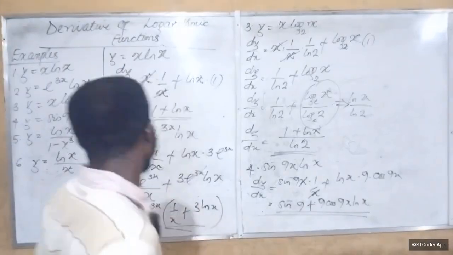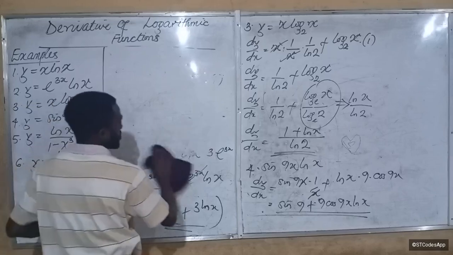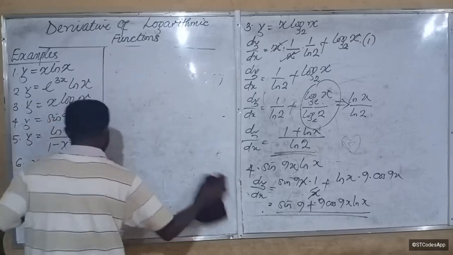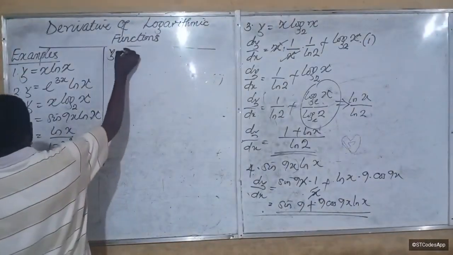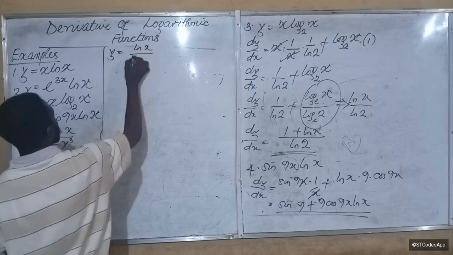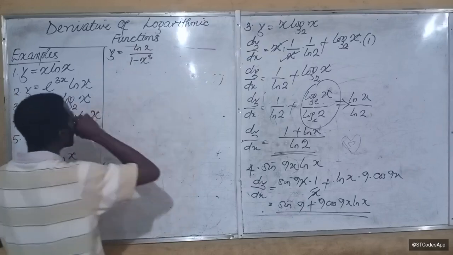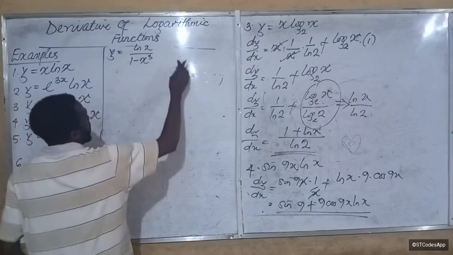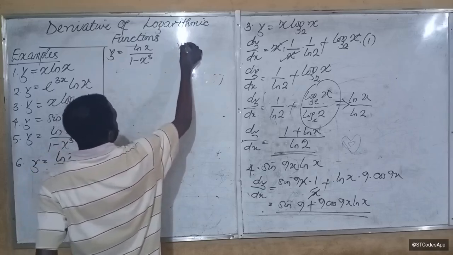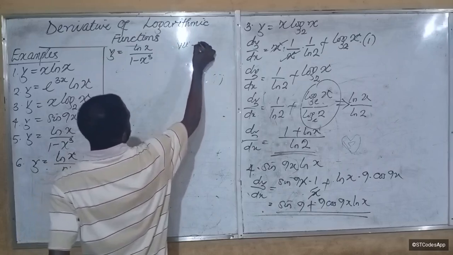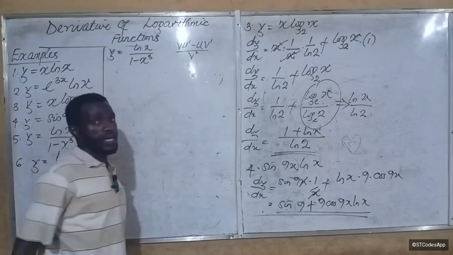All right, let's go to number 5. Number 5 says that y is equal to ln x over 1 minus x cubed. Okay, so in this case we use quotient rule, right? And quotient rule says that bottom the top minus top the bottom over bottom squared, right?